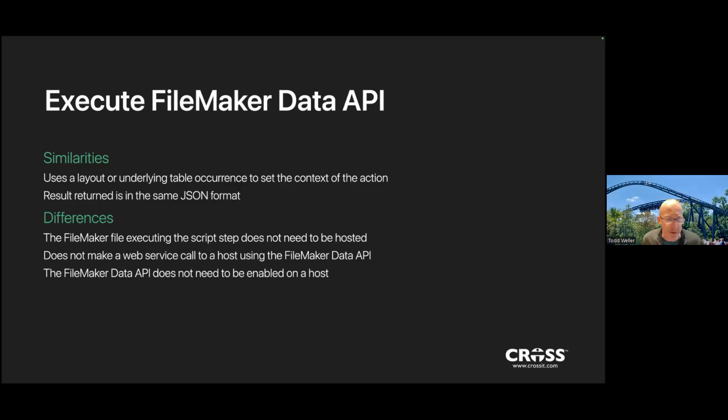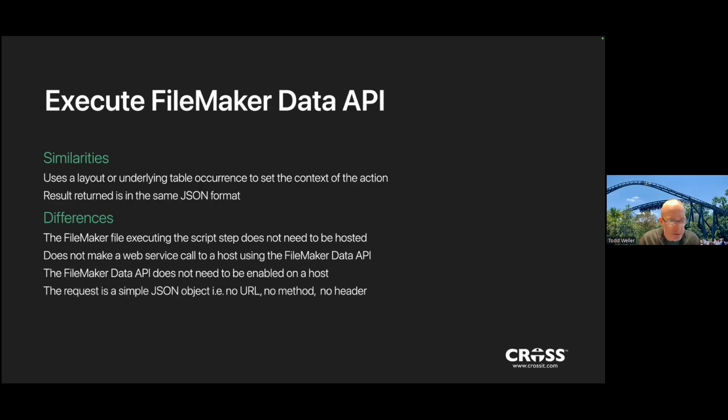And the FileMaker Data API does not need to be enabled on the host. So you can have a hosted file where you're using the Execute FileMaker Data API script step, but you do not need to enable the FileMaker Data API on your FileMaker Server for that to happen. It's all going to work internally within the file, because it's not making those web service calls.